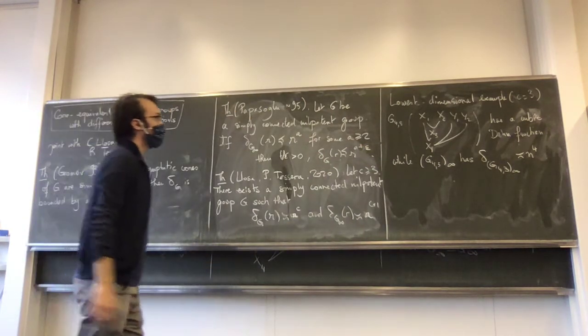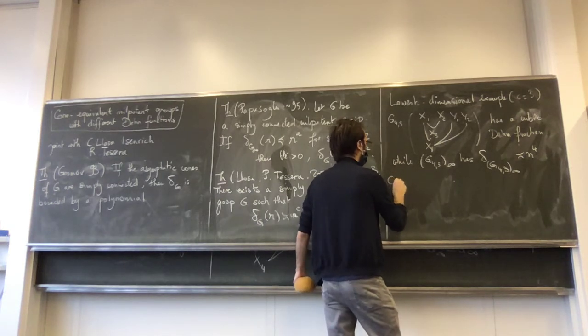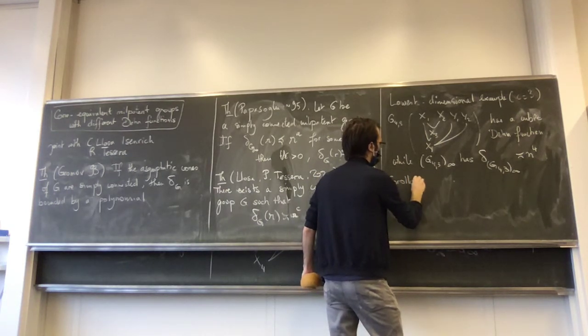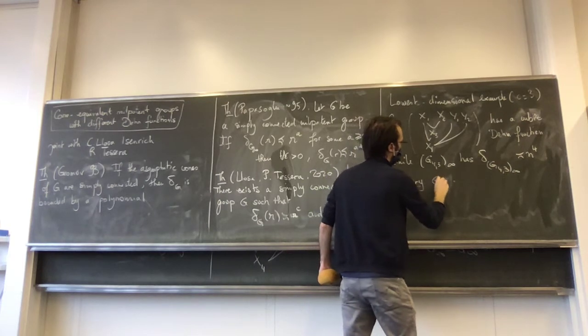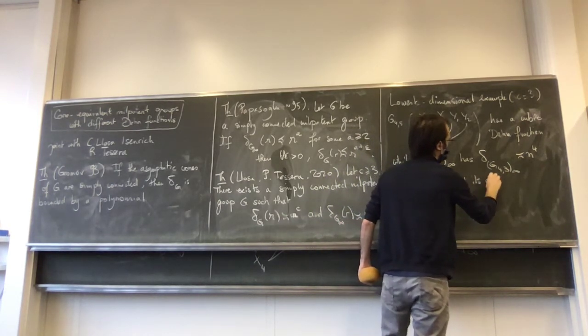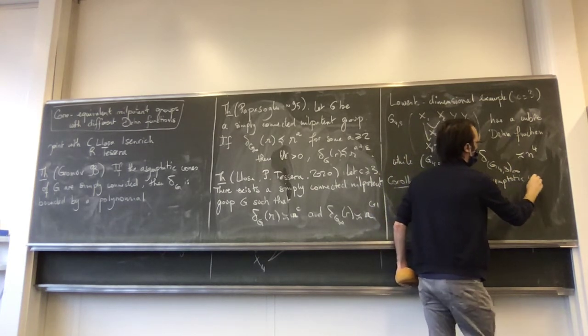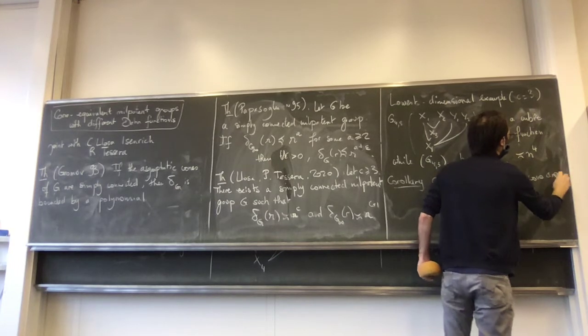And there is a corollary to that, which actually was already known in this example. It is that G for 3 and its asymptotic cone are not quasi-isometric.